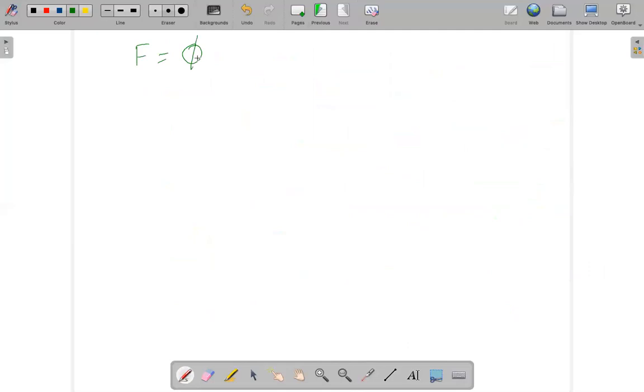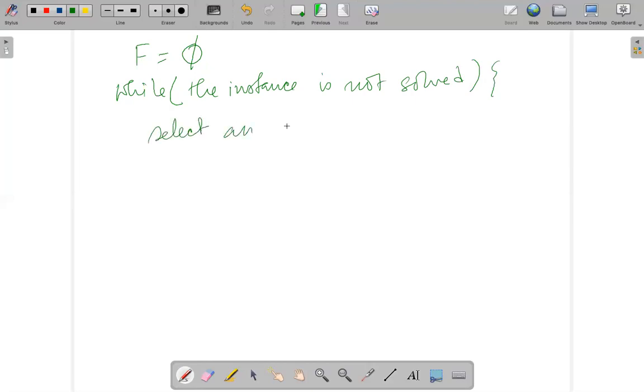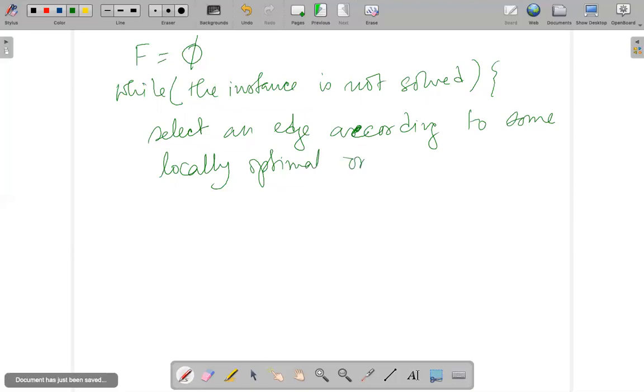We initialize the set of edges to null. Now, while the instance is not solved, select an edge according to some locally optimal condition.